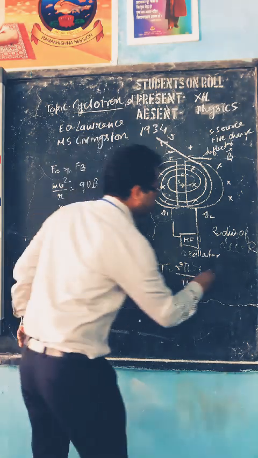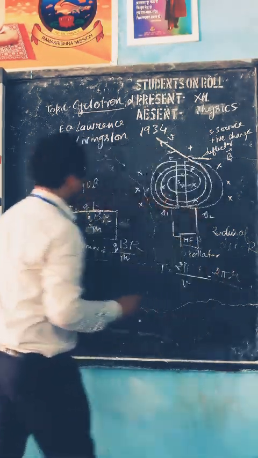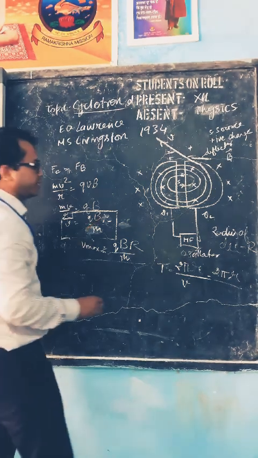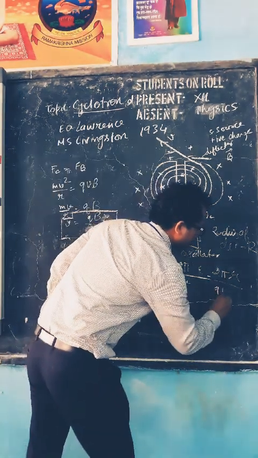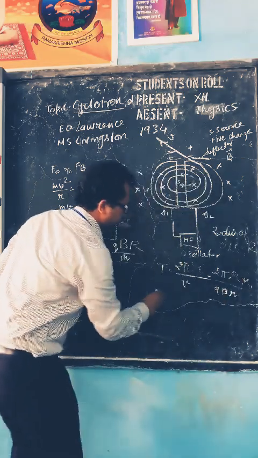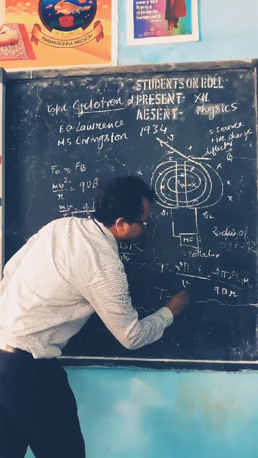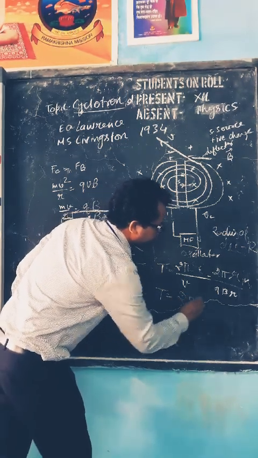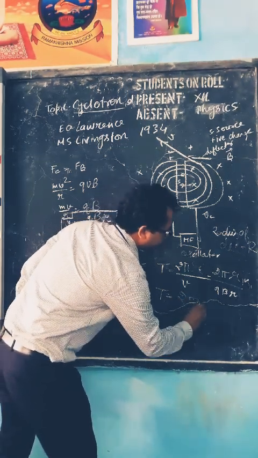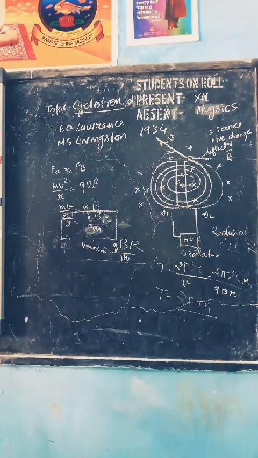So putting this value here, 2 pi r divided by qB r upon m, the r you will lose, and the time period that you will get is equal to 2 pi m upon qB.